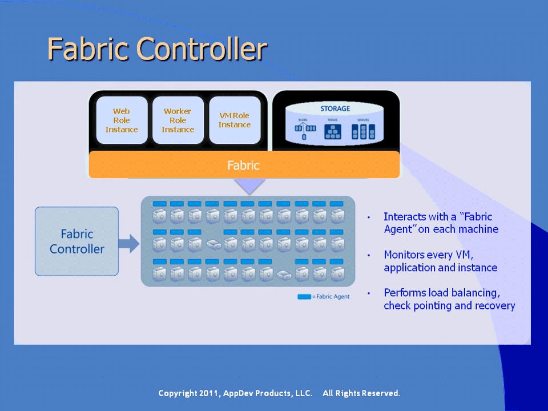Because it can communicate with a Fabric agent on every computer, it's also aware of every Windows Azure application in the fabric. This broad knowledge lets the Fabric Controller do many useful things. It monitors all running applications, giving it an up-to-the-minute picture of what's happening in the fabric. It manages operating systems, taking care of things like patching the version of Windows Server 2008 that runs on Windows Azure VMs.